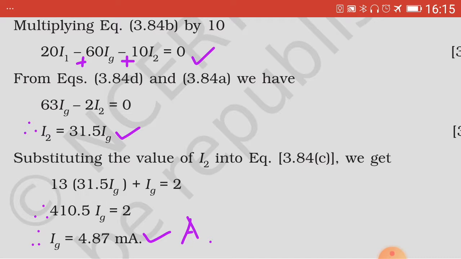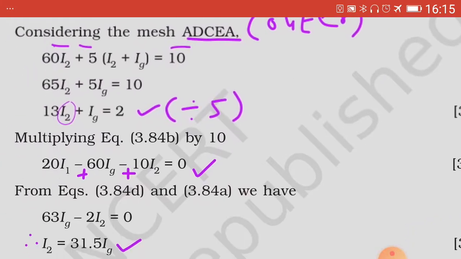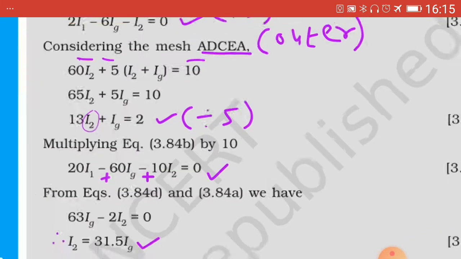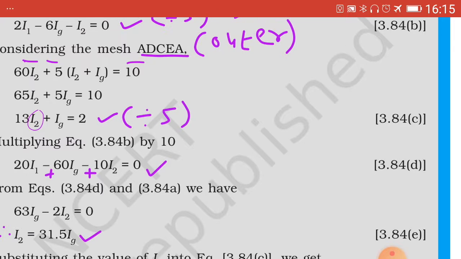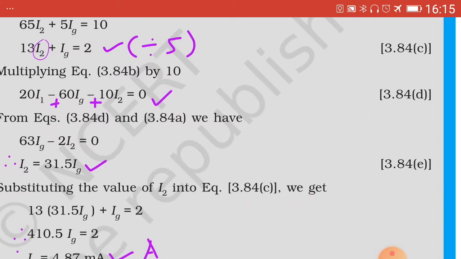Now substituting this value of I2 in equation 3.84c, that is this one, 13 I2 plus Ig equal to 2. So 13 into 31.5 plus Ig equal to 2.